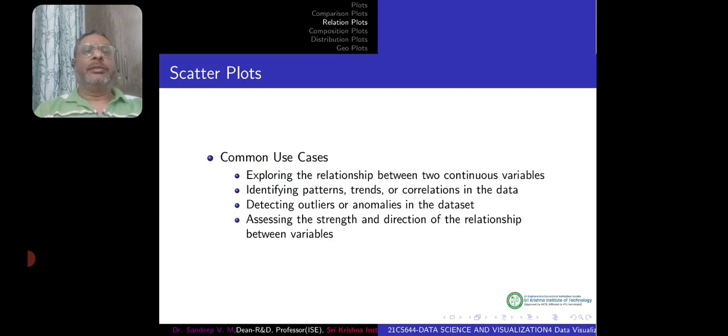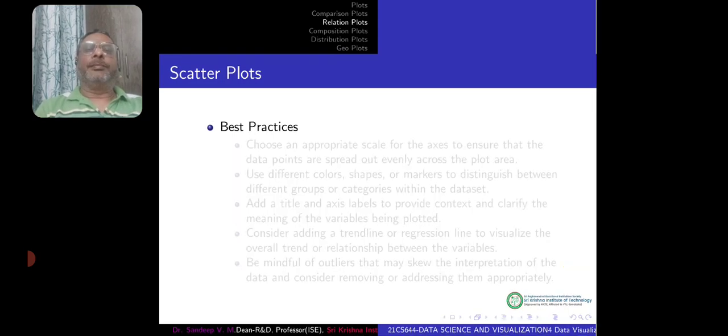Positive direction means that with an increase in one variable, the other variable's value also increases, and negative direction means that an increase in the value of one variable will decrease the value of the other. So that's identifying the strength and direction of the relationship.